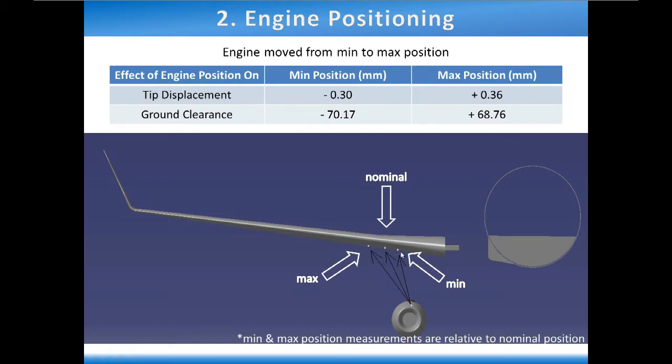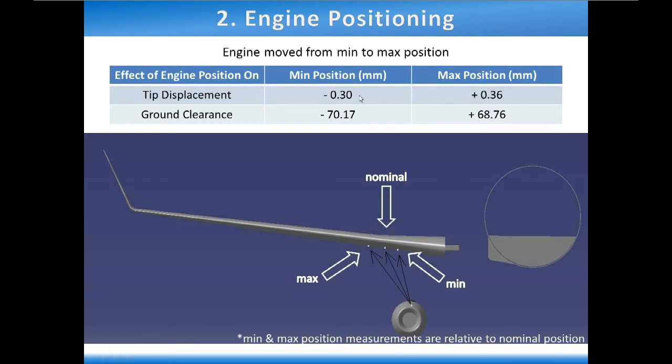These are the 3 positions: min, nominal and max. At min position the tip displacement reduced by just 0.3 mm, and at max position the tip displacement increased by 0.36 mm.